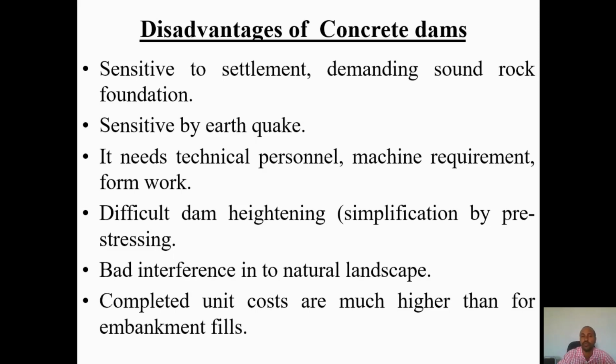So there is interference to the natural landscape, and the completed unit cost is much higher than for embankment fills. If you compare 1 cubic meter of concrete and 1 cubic meter of earth fill, concrete is high because it is a mixture of cement, sand, aggregate, including RCC or reinforcement bars. So the completed unit cost will be high compared to earth fill.